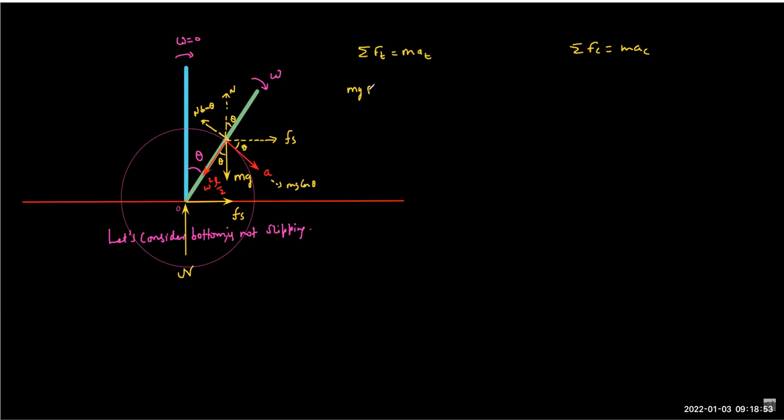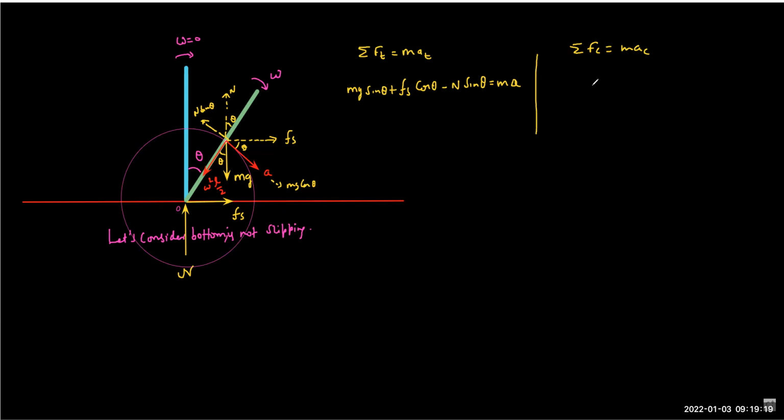So mg sin theta plus Fs cos theta minus N sin theta equals m into a. Fairly complex, but it is something complex only. Again, I'm saying this just to make sure that you understand what is happening in a situation like this.